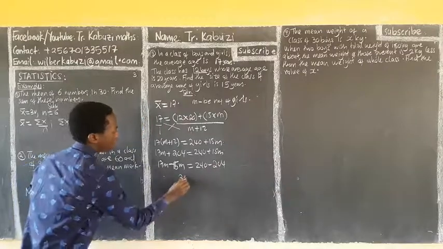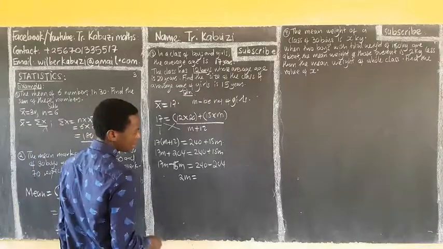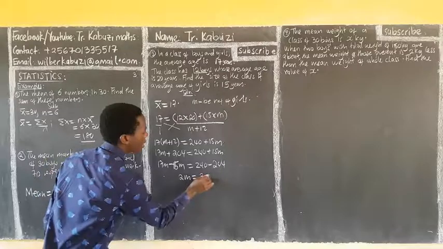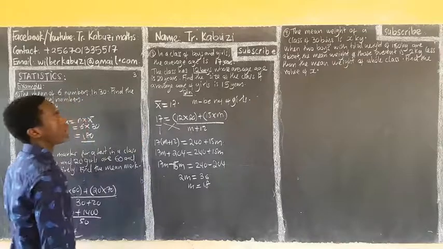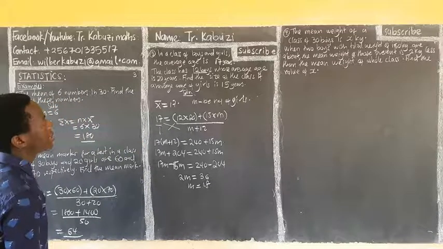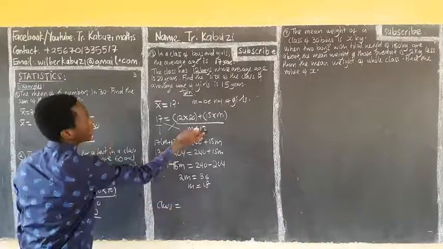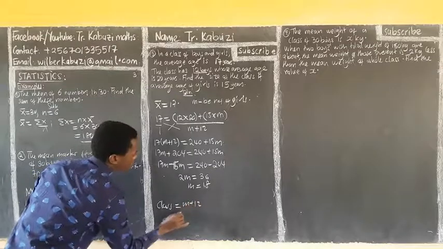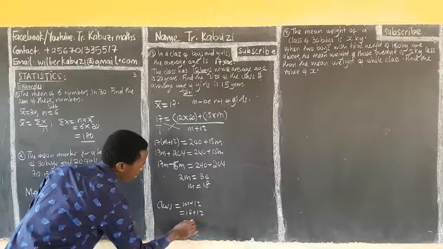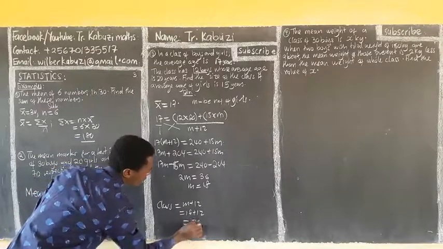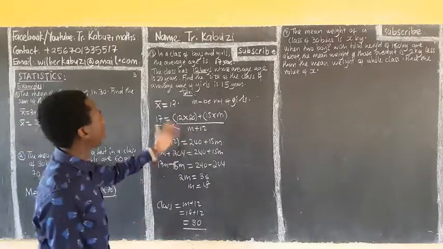Then here we get 2m equaling 36, and our m is going to be 18. So the number of girls is 18. Find the size of the class: the size of the class is m plus 12, which is 18 plus 12, and this gives you 30. So the class has 30 students with ease.